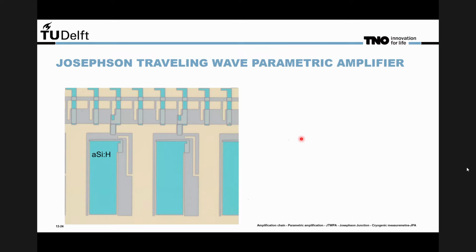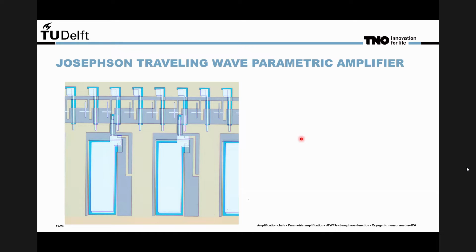And lastly, we evaporated aluminum. So this was used for the top electrode of the capacitors here and here. And with double angle evaporation, we also made the Josephson junctions.